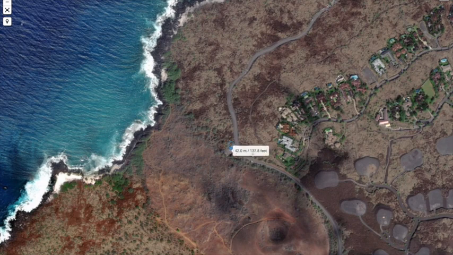It says 137 feet of elevation. Is that accurate? Is that right? 154 here. Hello. 111. I was in the parking lot. I wasn't in the bushes.